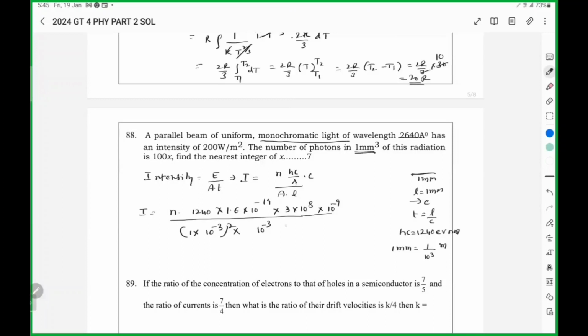And lambda he has given 2640 angstrom. 1 angstrom is 10 power minus 10 meters.